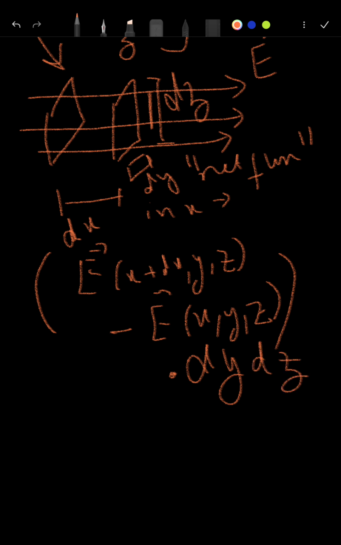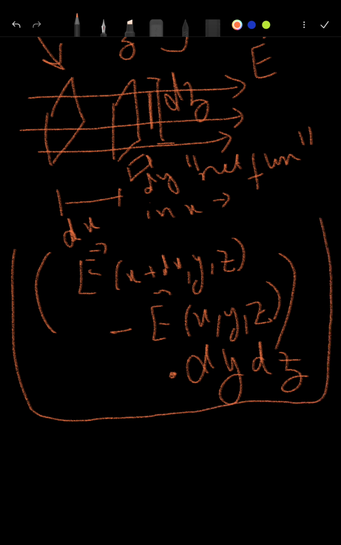So this is the net flux through our differential element in the direction of x.